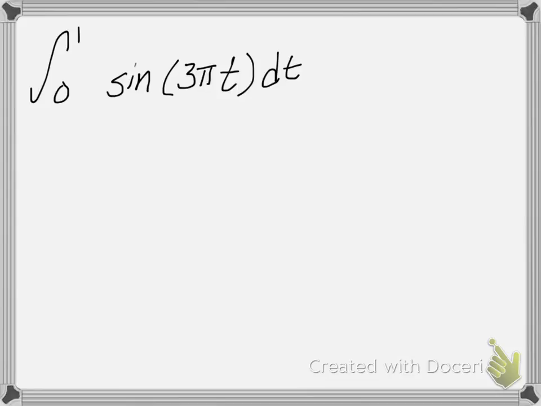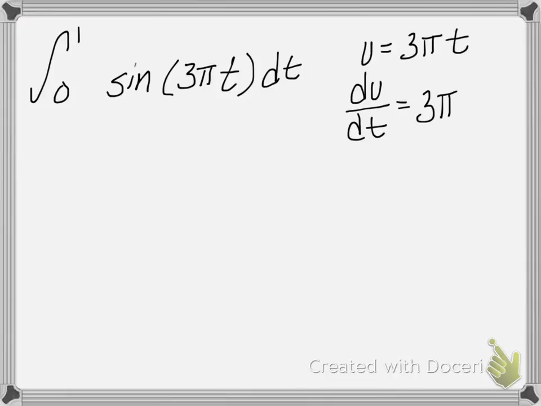Alright, so we can go ahead and set up a u. Let that be 3 pi t. Our du dt is just going to be 3 pi, because pi is just a number, so that's 3 pi, which is a constant.